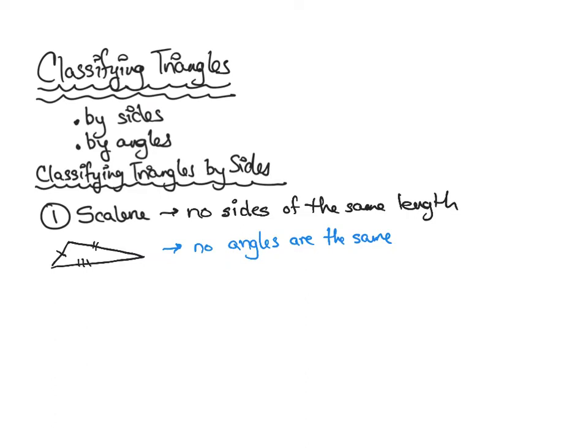The second kind of triangle would be isosceles, and the hardest part of isosceles is remembering how to spell it. An isosceles triangle has two sides of the same length.